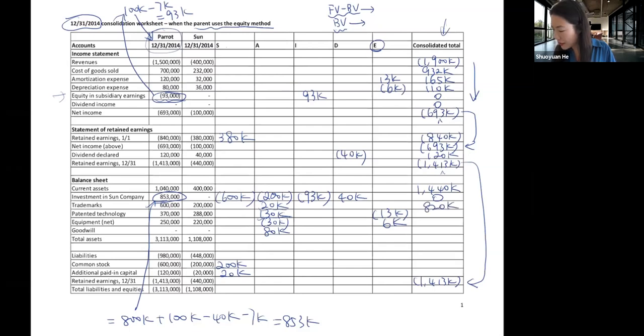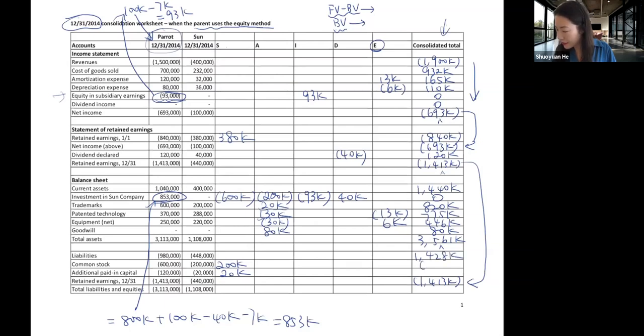Patented technology is 775,000. Equipment is 446,000. Goodwill is 80,000. And then if you add them up, that will give you 3,561,000. The liability and shareholders' equity side, total liability adds up to 1,428,000.